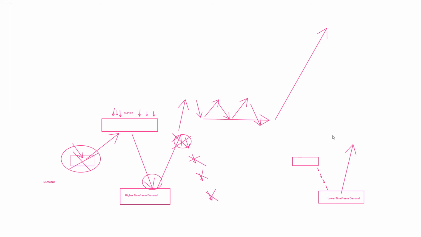But from the higher time frame, unaware traders don't see that that's the higher time frame supply, aggressively pushing back, taking out this lower time frame demand, and then suddenly consolidation and continuation to the downside. That's what we are going to discuss, that's what we are going to try to spot when it comes to the charts. This type of setup.